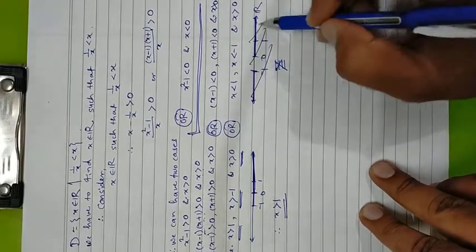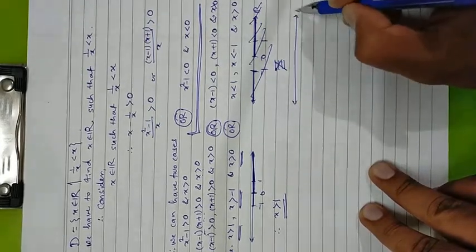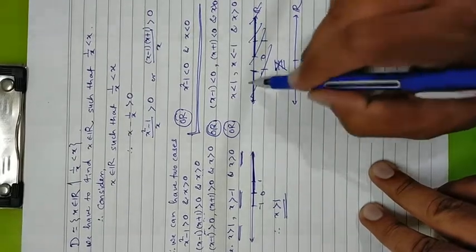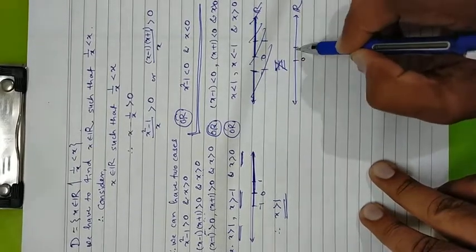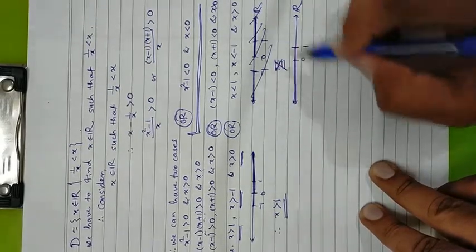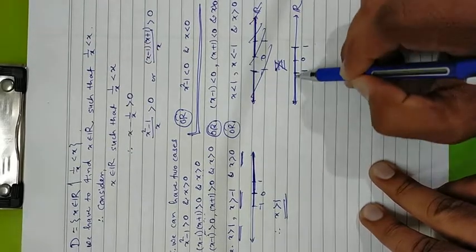Sorry, let us do it again. What can be a real number x? x is less than 1, that means x lies in this region below 1. x is less than minus 1, so x lies below minus 1.